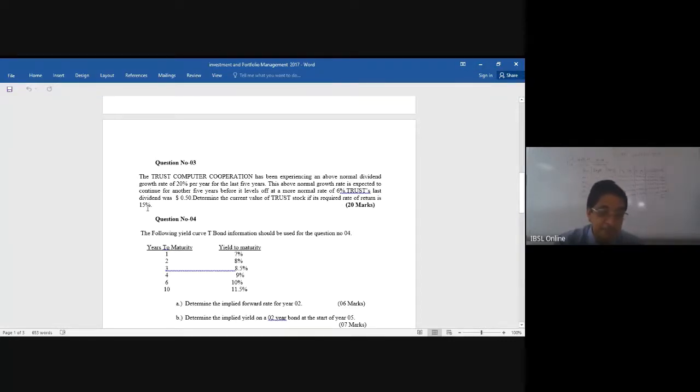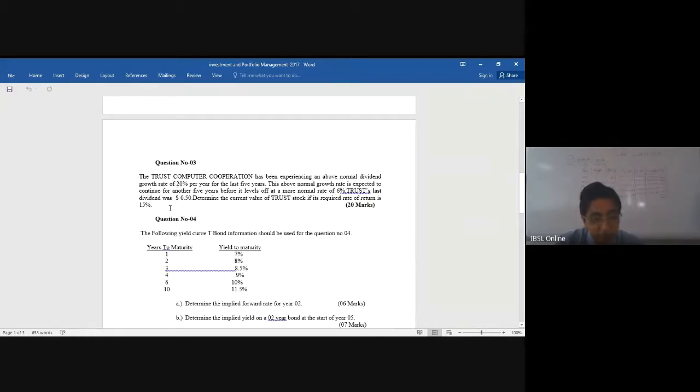Now, if you look at it, you will feel that this particular question is related to the two-stage model of dividends, because you can see the rate of return is only 15%, whereas the growth rate of dividends is 20%.